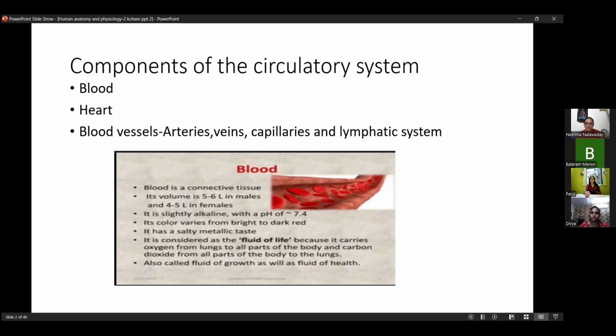Alkaline means that when carbon dioxide increases in our blood, it becomes acidic, so it depends on the levels of carbon dioxide in our blood. Its color varies from bright to dark red. It has a salty, metallic taste, and it is considered the fluid of our life.